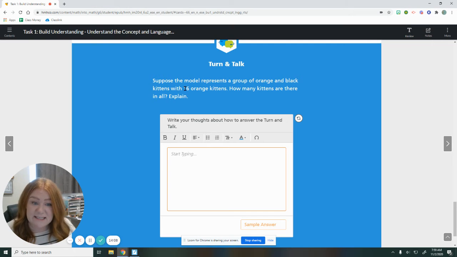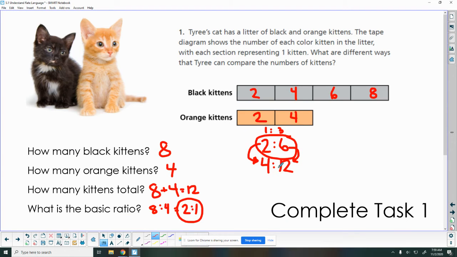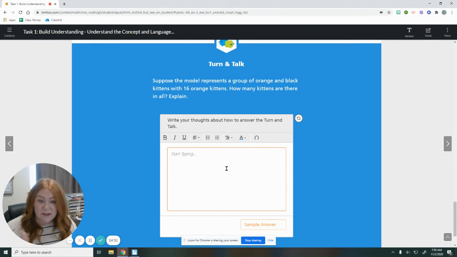If there are 16 orange kittens, we're just using that same ratio to build on. So I know I want 16 here. So think about how can you get from 2 to 16 and do the same thing from 6 will tell you how many total kittens there were. So just using those equivalent ratios, we can answer all those questions.